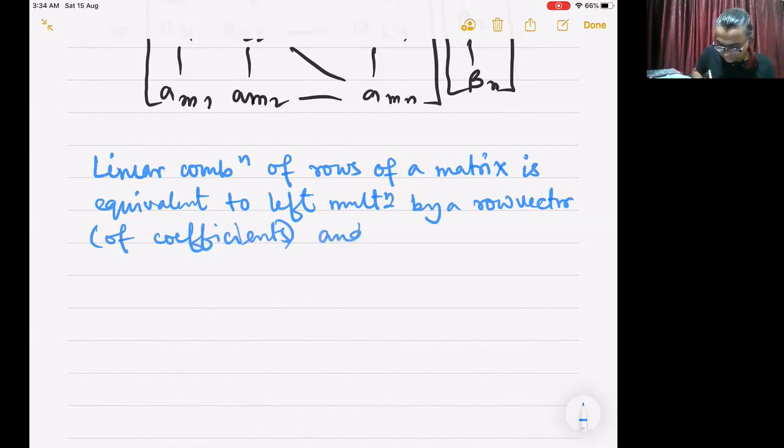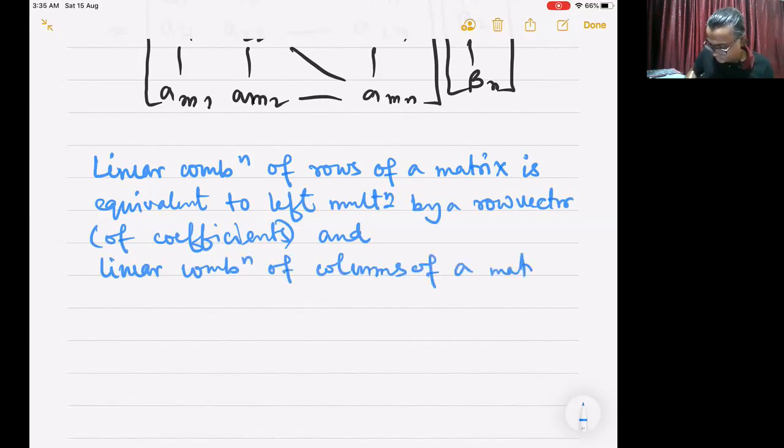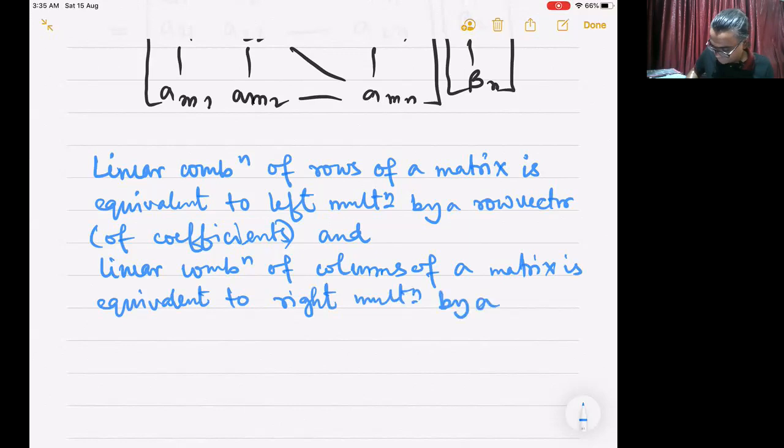And linear combination of columns of a matrix is equivalent to right multiplication by a column vector of the coefficients.